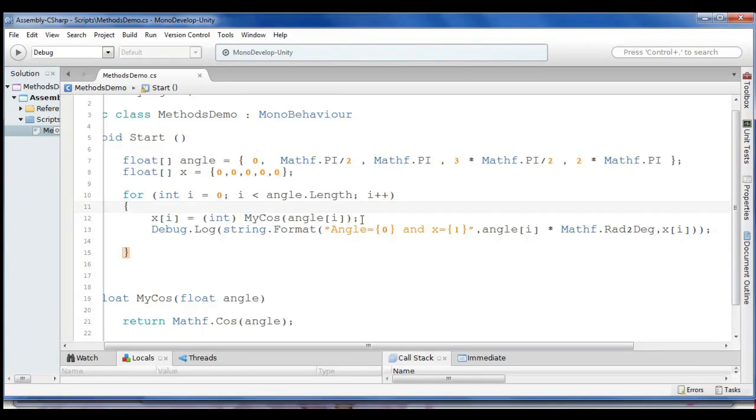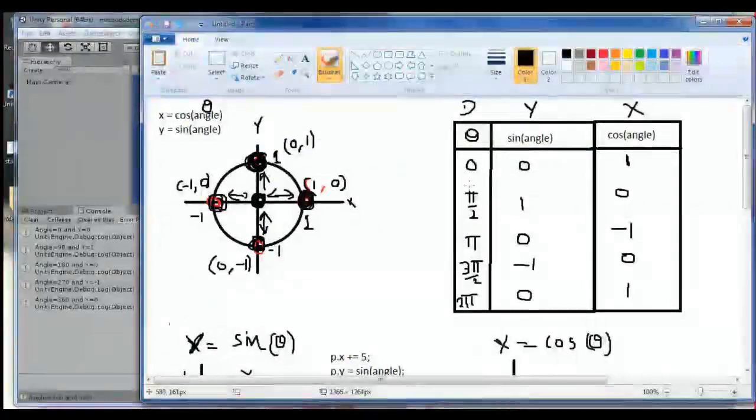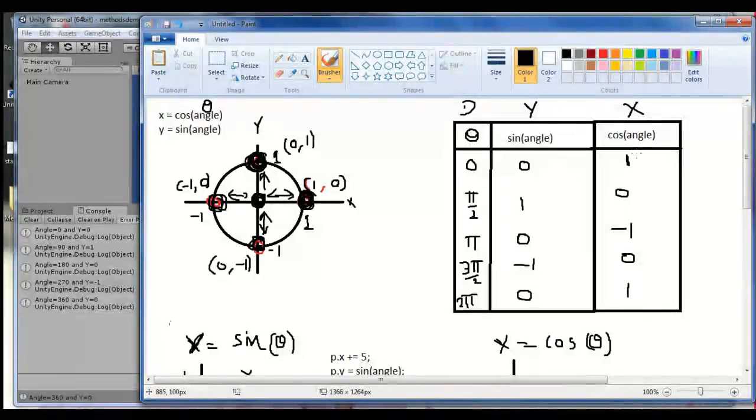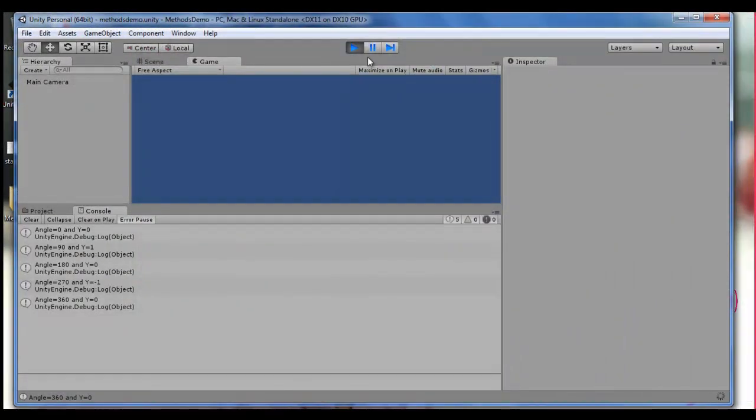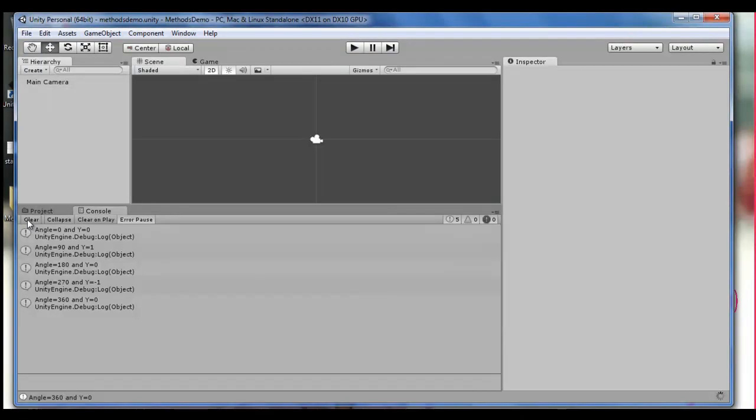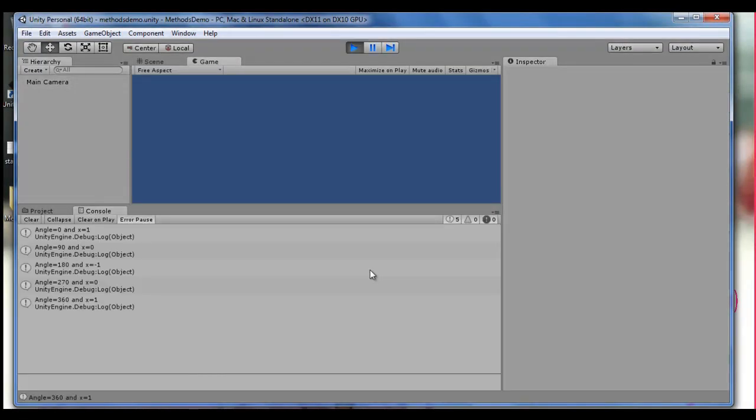If everything is okay, we should get the proper result. At angle 0, we should get 1; at 90 degrees, 0; at 180 degrees, -1; at 270 degrees, 0; and at 360 degrees, 1. Let's come back over here, clear this and run and check, and we have the result.